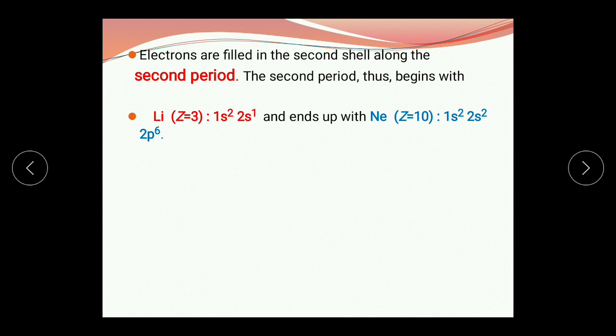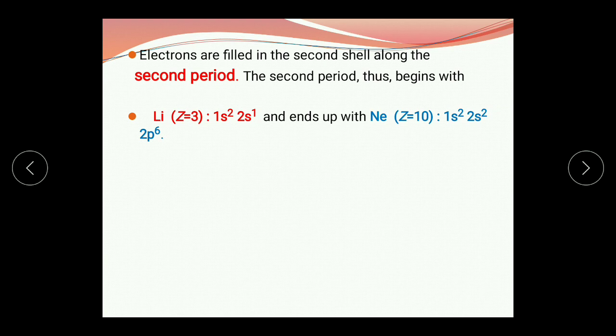Now we will go from left to right along the period, and the final element is neon with atomic number 10. That means 1s2, 2s2 and 2p6. Second shell, two subshells s and p, s with 2 electrons, p with 6 electrons.